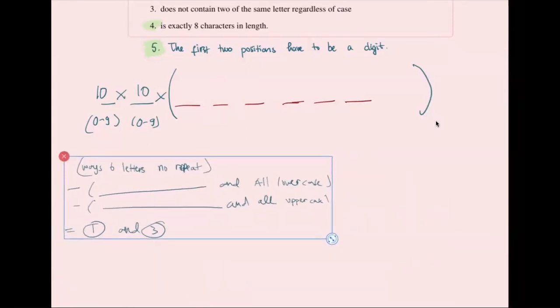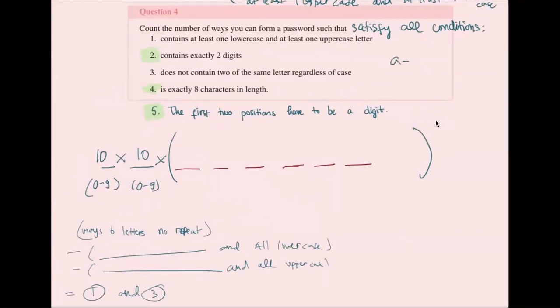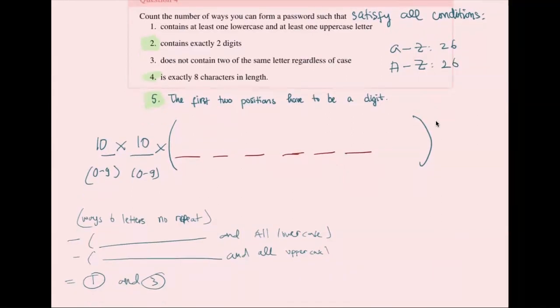The normal alphabet has 26 letters, from A to Z. And if you combine with the uppercase, there's another 26 letters. Yes, I see the student answer, 52, that is correct. So I will write here, to choose the first letter, there are 52 choices.